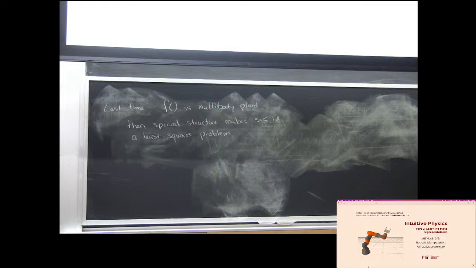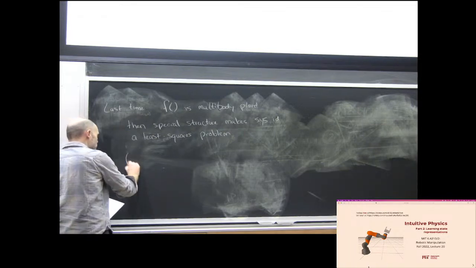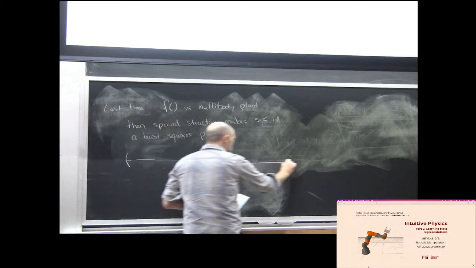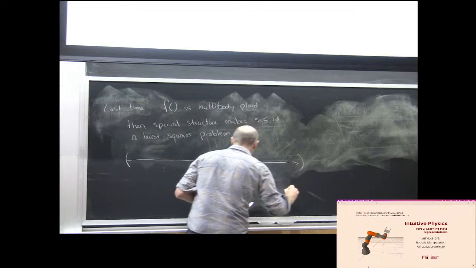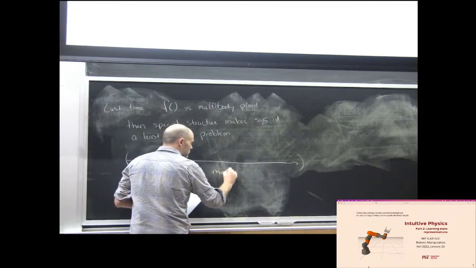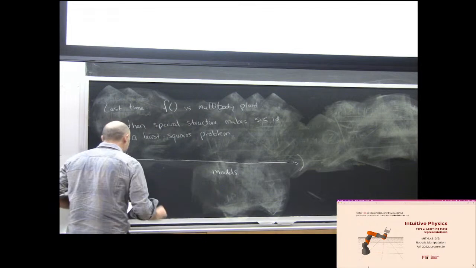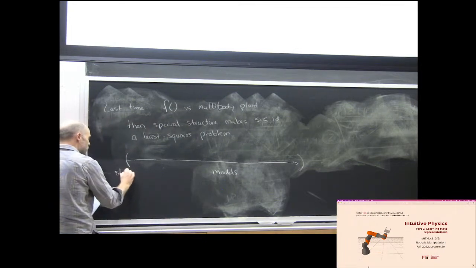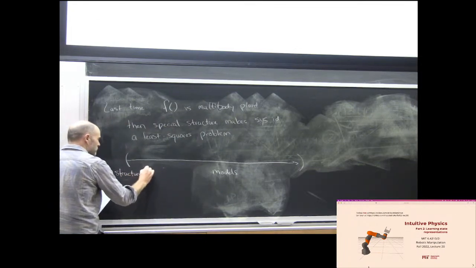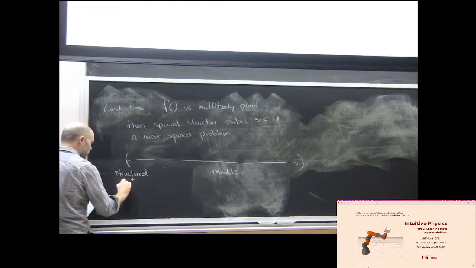That's what I spent most of the lecture on last time, was telling you some of the details about how that plays out. And I really want you to think about this as there's a spectrum of models, right? Let's say this is my model spectrum here. In some cases, there are very structured models with specialized algorithms.